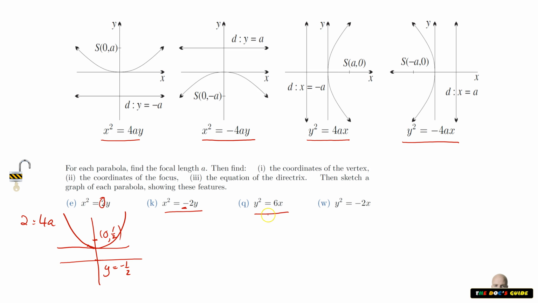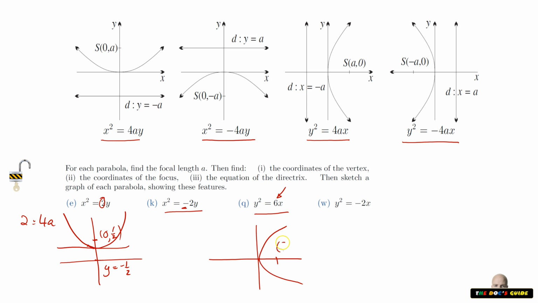This parabola here is a parabola which is lying on its side, and it's concave to the right, and 4a equals 6. So a equals 6 on 4, 3 on 2. So that means that our parabola runs like this.